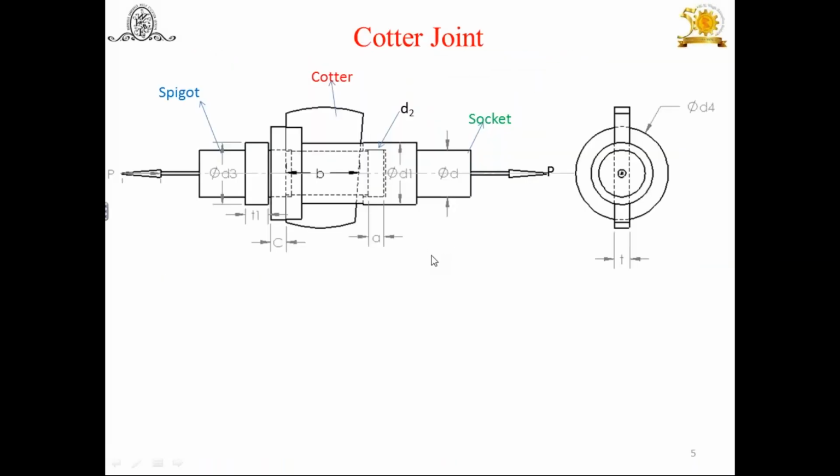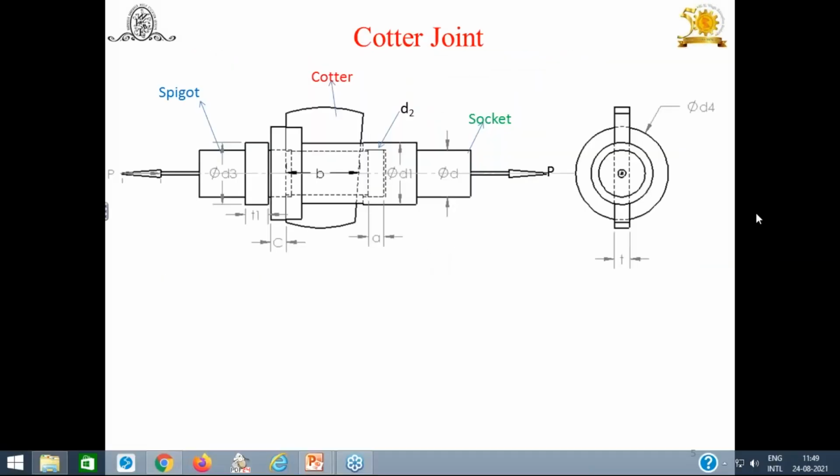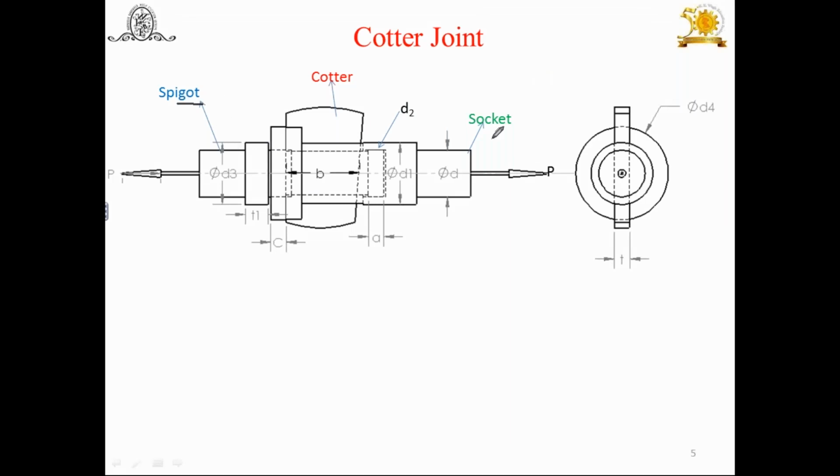Let us see how to design. You know very well this is the quarter. It consists of the spigot and the socket, and the nomenclature: the outer collar diameter of the spigot is D3, the collar diameter for the socket is D4, then small d is the end rod diameter of the socket or spigot.